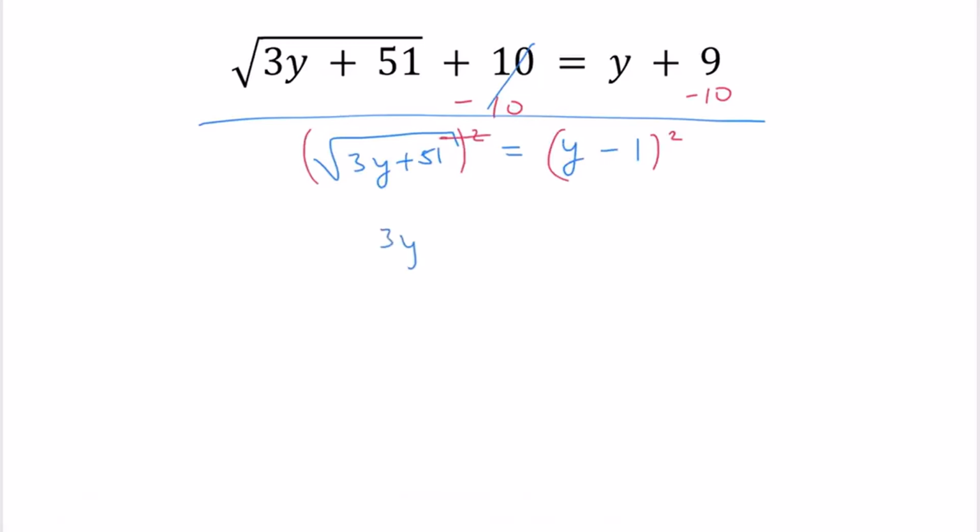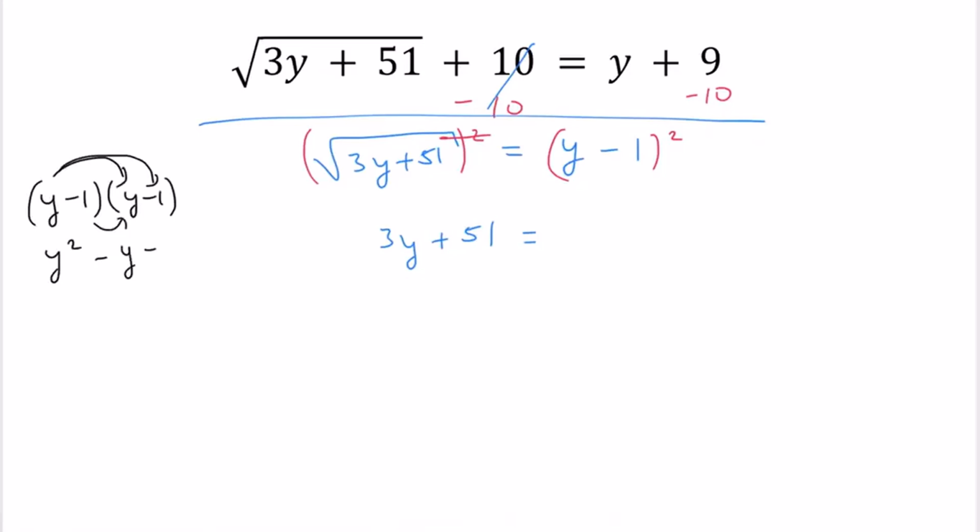So we have 3y plus 51 is equal to, and then FOIL this out. We have y minus 1 times y minus 1. So y times y, that is y squared. Y times negative 1, so negative 1y.